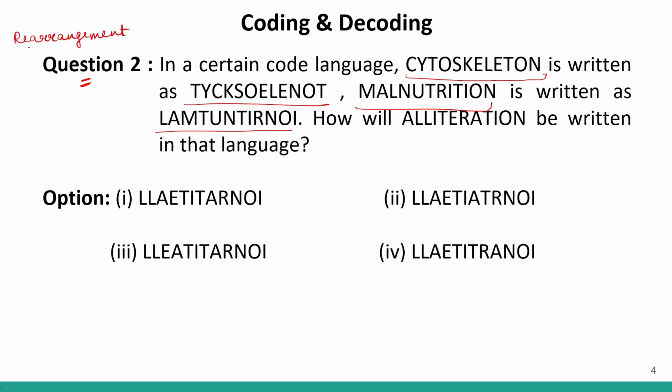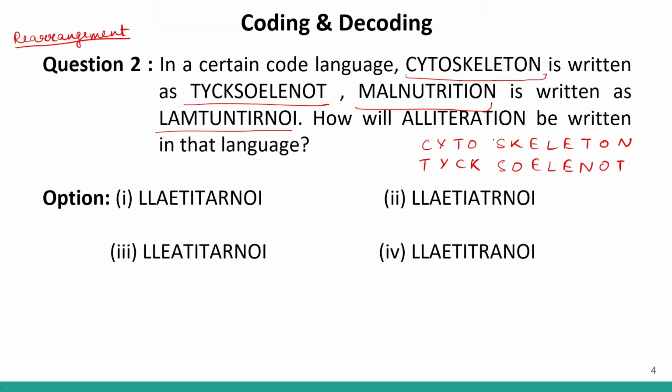That means the alphabets are arranged in a certain pattern. So let us check for CYTOSKELETON. This is the spelling. It is coded as TYCKSOELENOT.